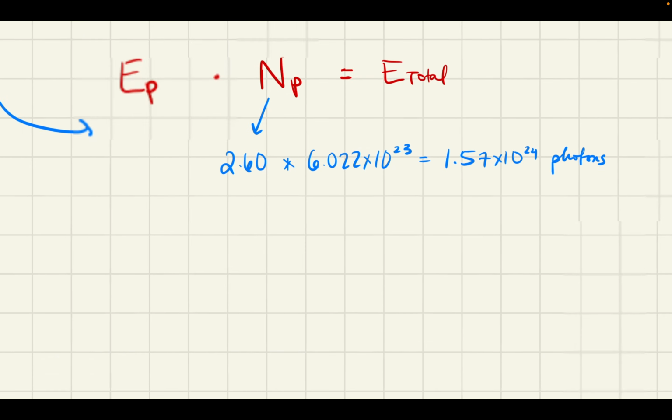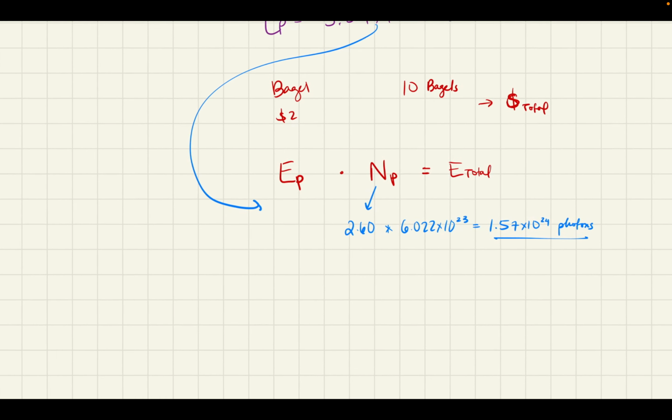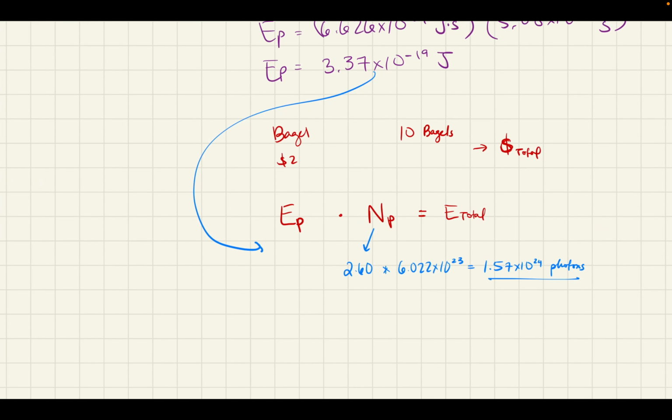Wonderful. Now that we know how many photons there are, and we know how much energy is in a single photon, multiply the two together, and that will give me my energy total.